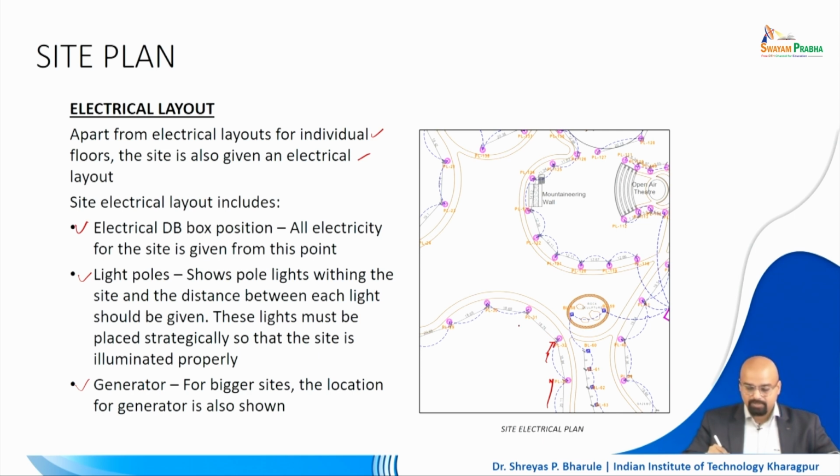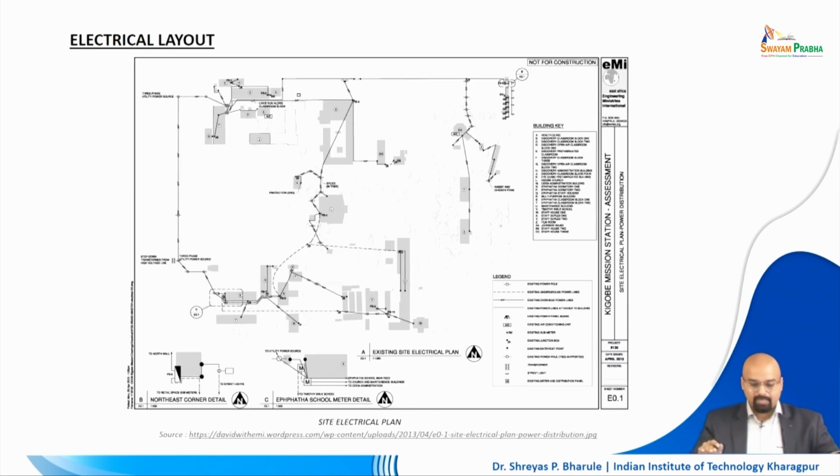So this stops here, and this is connected with a separate line, right? Similarly here, this is connected with a separate line. So all of these blue dotted lines are basically wires. All of the pink circles which you see are basically your lighting fixtures, correct? So this is how basically you will be doing your landscape illumination or your site illumination of sorts, right?